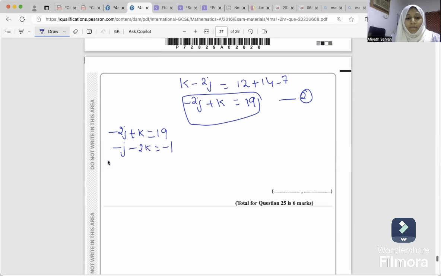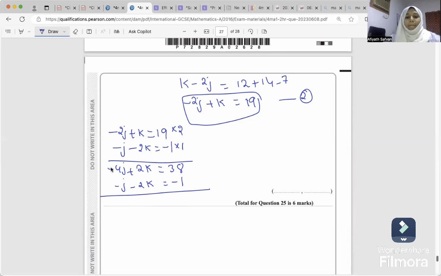I have to multiply the first expression by 2 and the second by 1. As a result, minus 4j plus 2k is equal to 38, and minus j minus 2k is equal to negative 1.